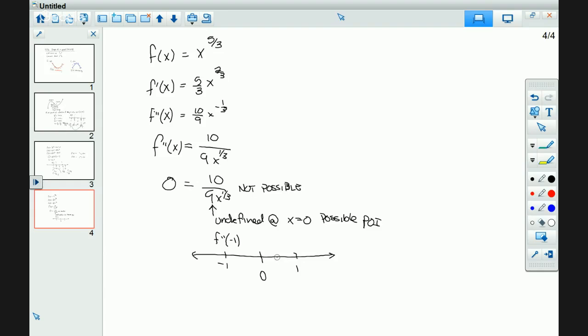No, see, that's square root. Cube roots can be negatives, right? So negative. And what if I plug 1 in? It's a positive. Do I have a concavity change? I do. And I so have a point of inflection.